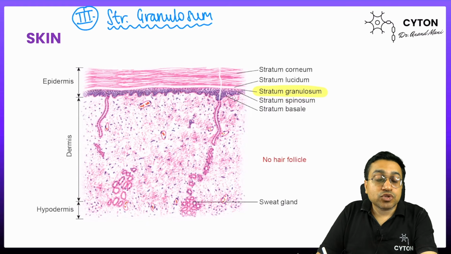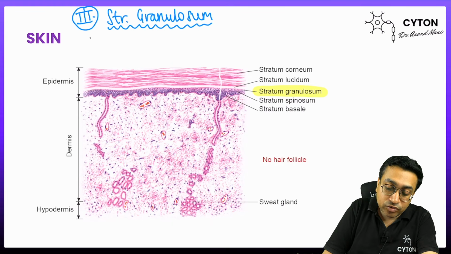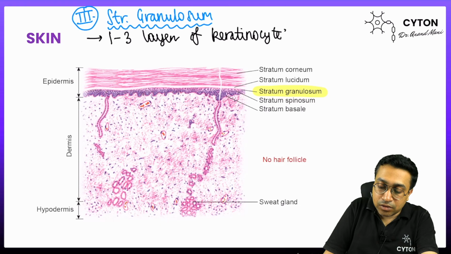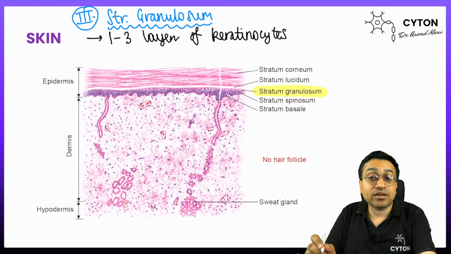This consists of a 1 to 3 cells thick layer of keratinocytes. The cells of the stratum granulosum contain the granules of keratohyaline protein.